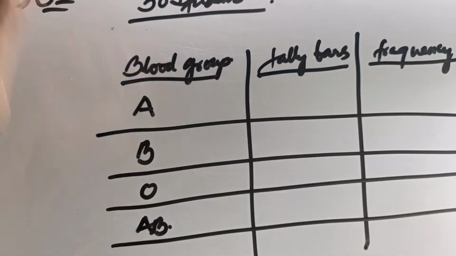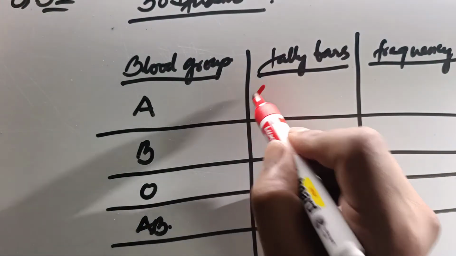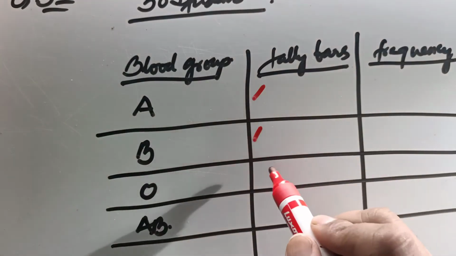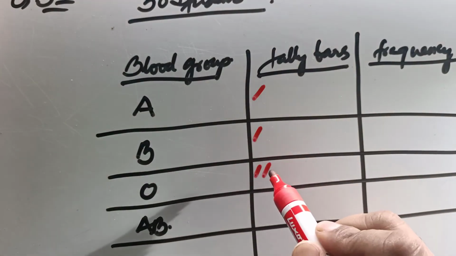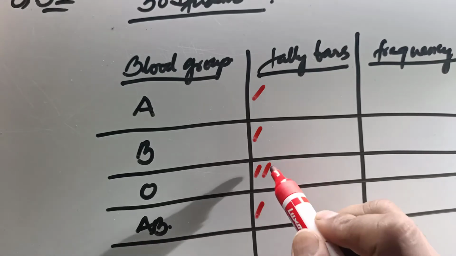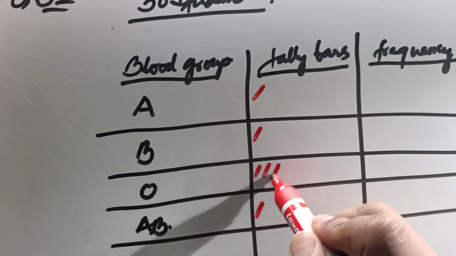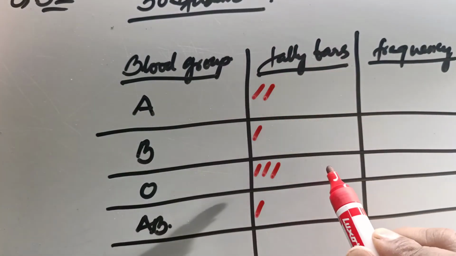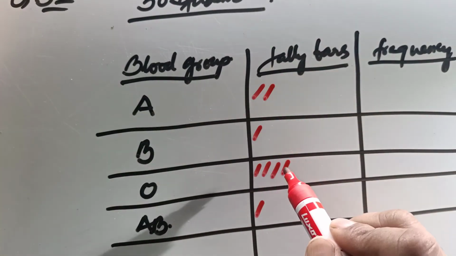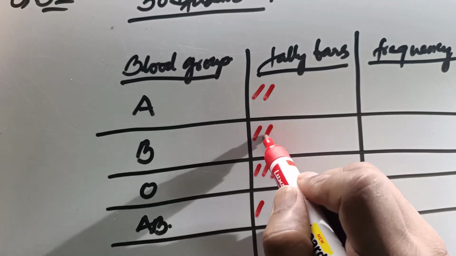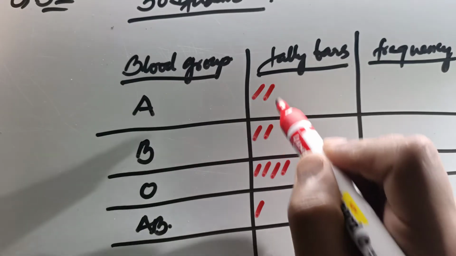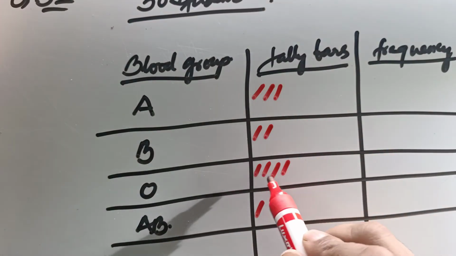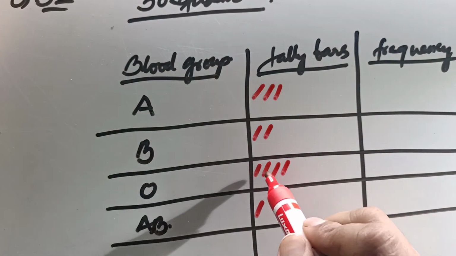You have seen this A, the first one is A, so I give 1 bar here. Next one is B, next is OO, so I give OO, next is AB, next again is O, so I give it on O, next is A, next is O, next is B, so I give it on B, next is A, next is O. Remember, this is the place: 1, 2, 3, 4.